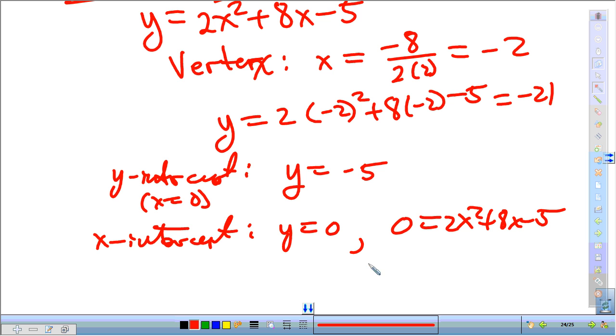Or x, if I substitute into the quadratic formula, I get minus 4 plus or minus square root of 26 all over 2. So I get those two values.